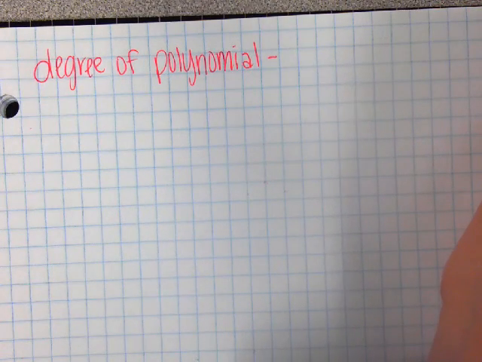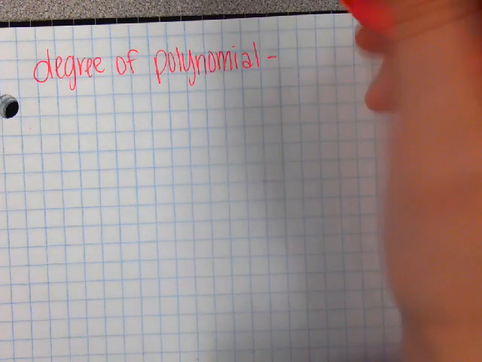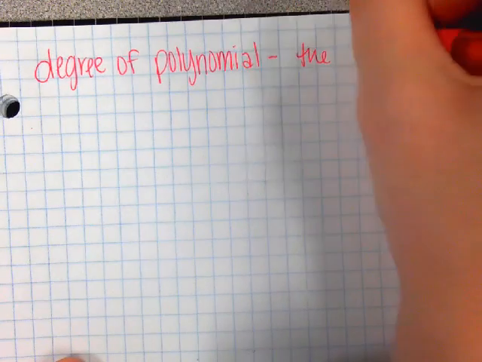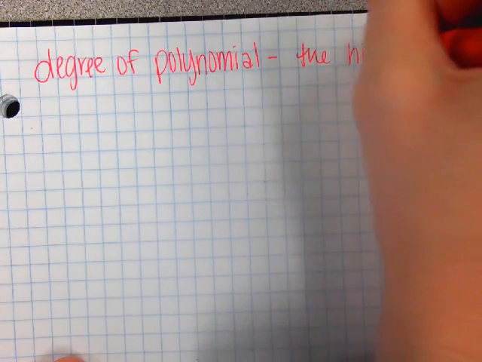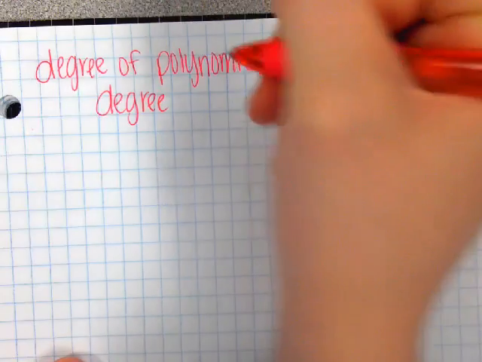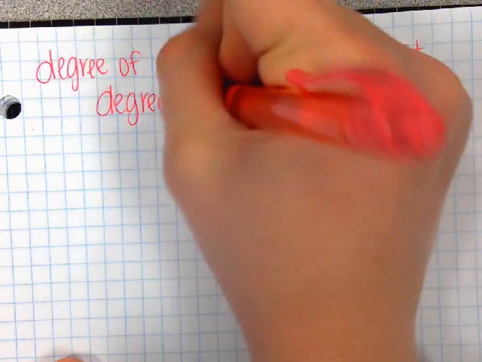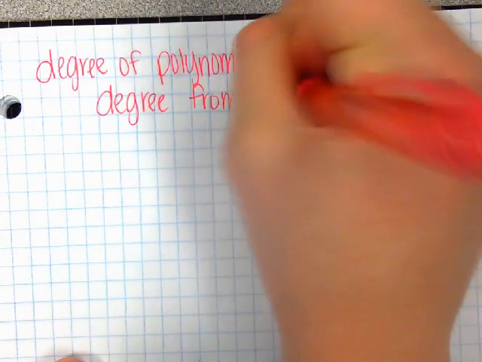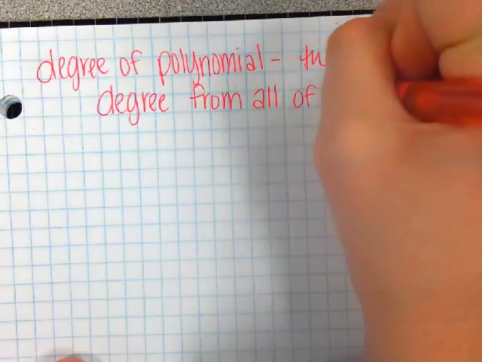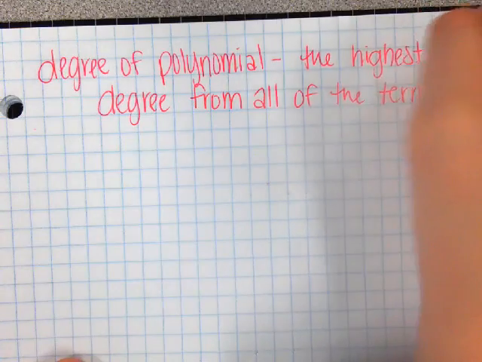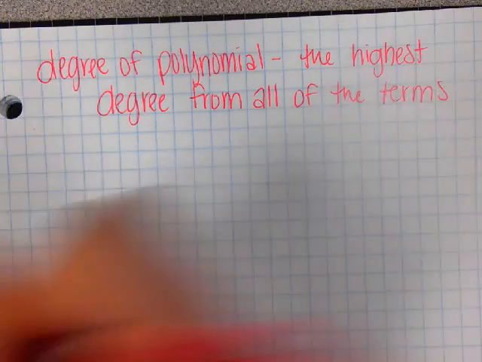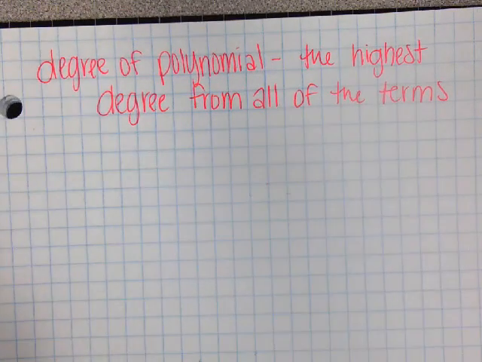If you have a 5x squared plus 3x, then it would be quadratic because it has that x squared. So the degree of the polynomial is the highest degree from all of the terms.